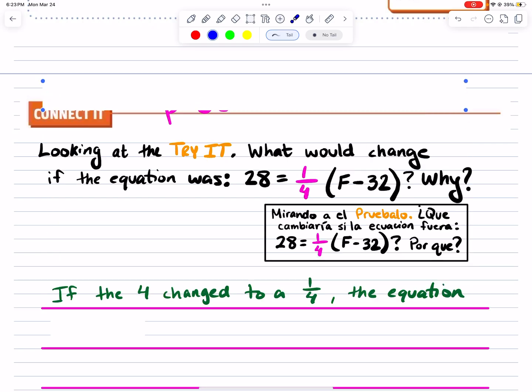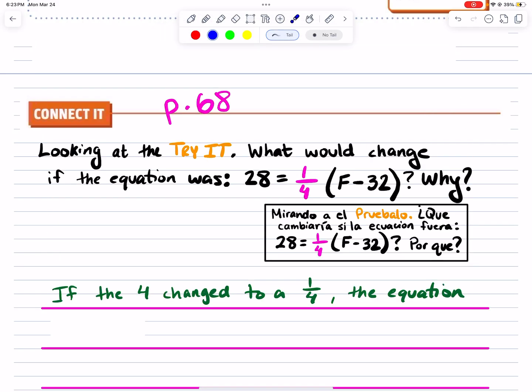Pause the video, see if you can think about it. Here's your sentence starter. If 4 changed to a 1/4 here, what would happen to the equation? And remember to say your vocab words, especially the vocab words we just learned, talking about inverses. Don't forget to mention that. Use your vocabulary.